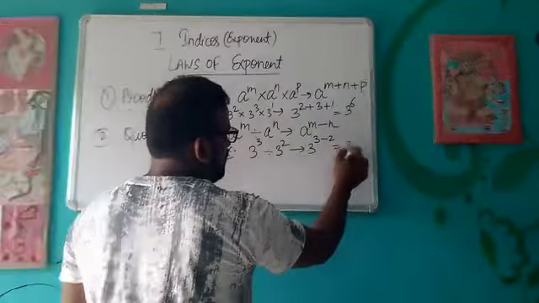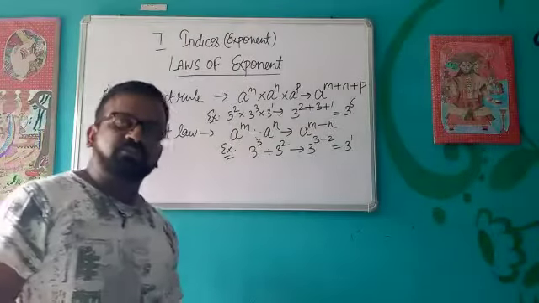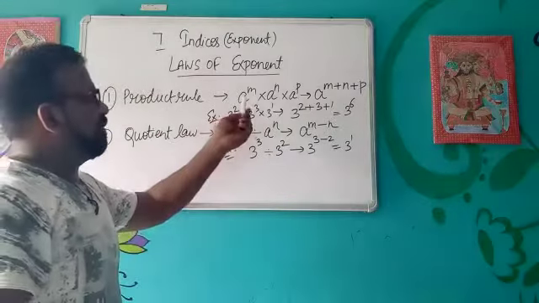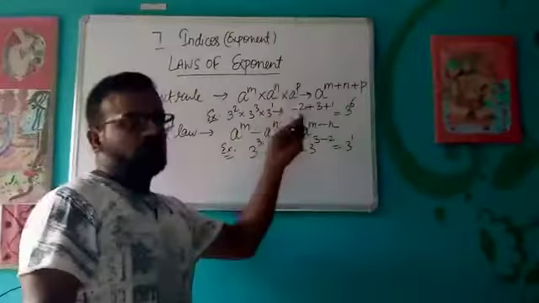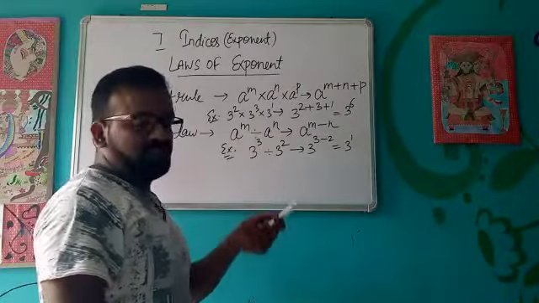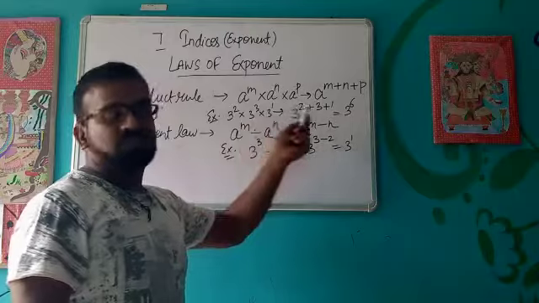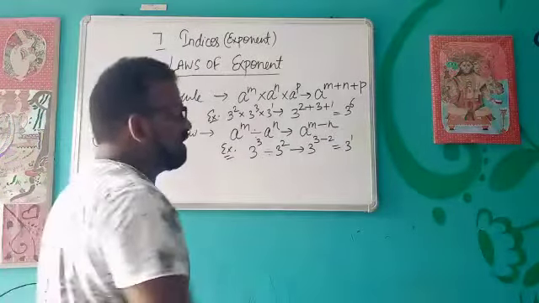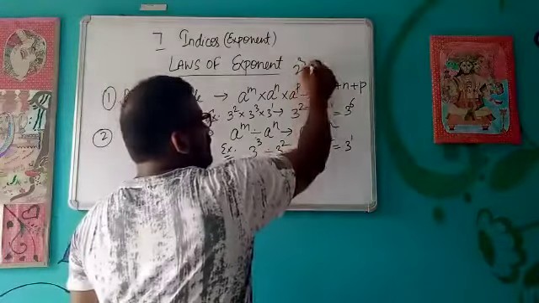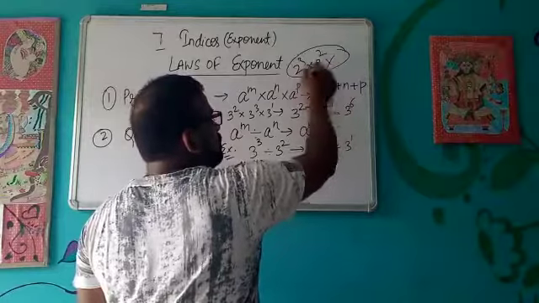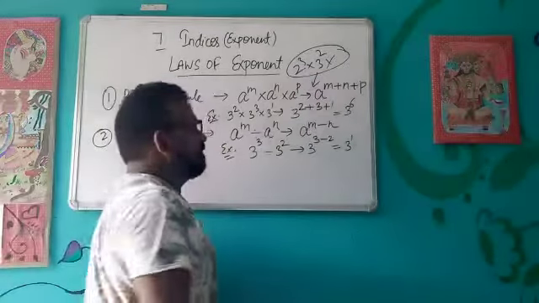I will simply subtract the powers and I will get 3 to the power 1. This product rule is applicable for more than two numbers, subject to the condition that their bases should be same. You cannot use the product rule when the bases are different. Suppose I write 2 to the power 3 into 3 to the power 2, then you cannot use this rule, because the bases are not same.